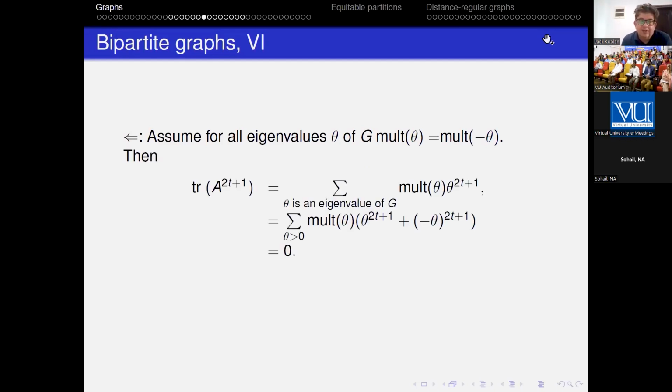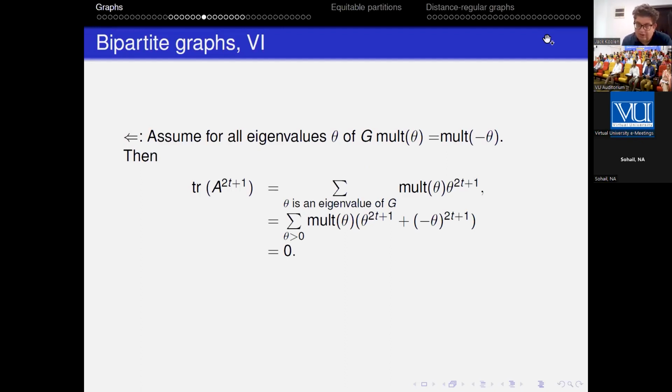So then you calculate the trace of A to the power 2t plus 1. That is the sum over theta of the multiplicity of theta times theta to the 2t plus 1.